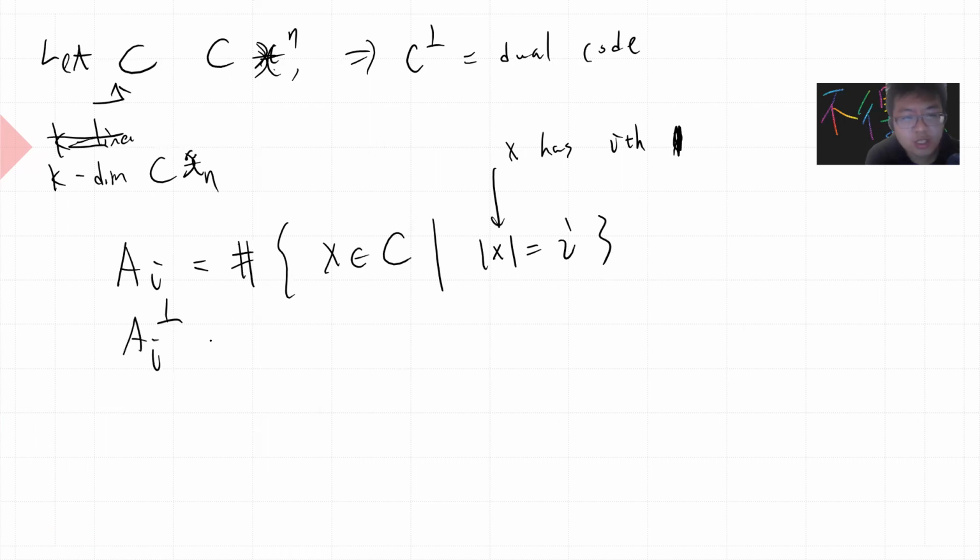Also you can define A_i dual to be the same thing: x belongs to C dual, and x has weight i.